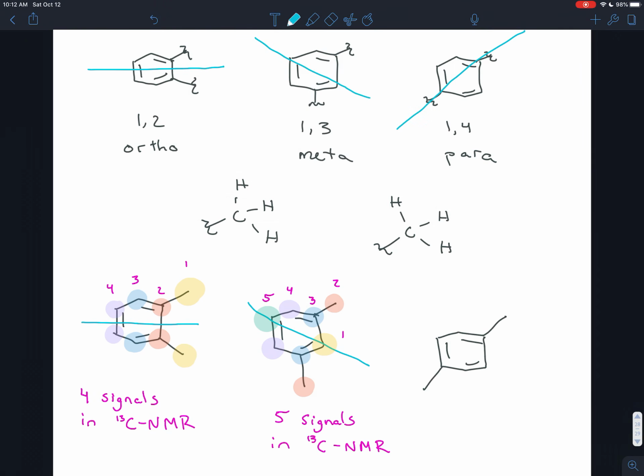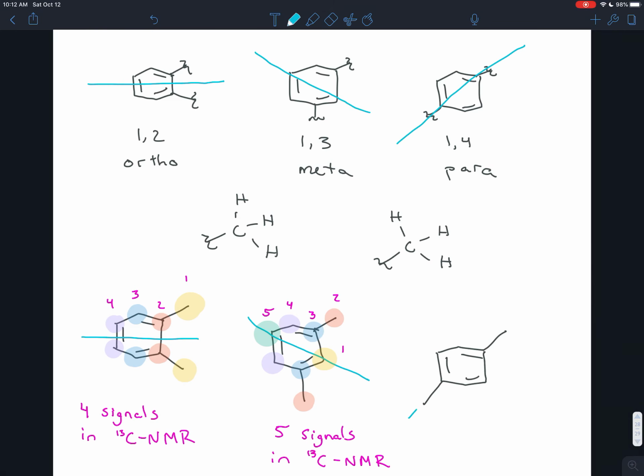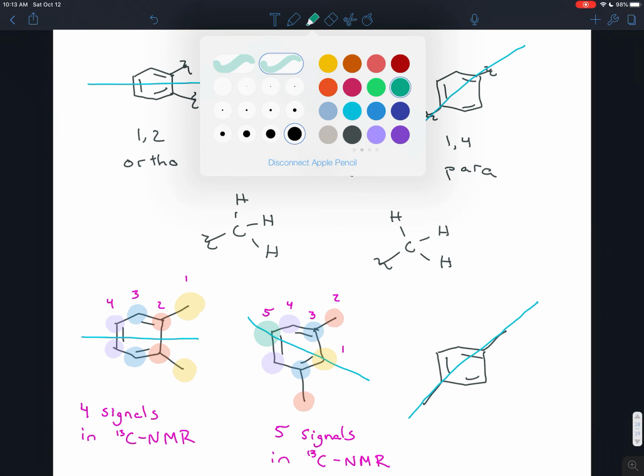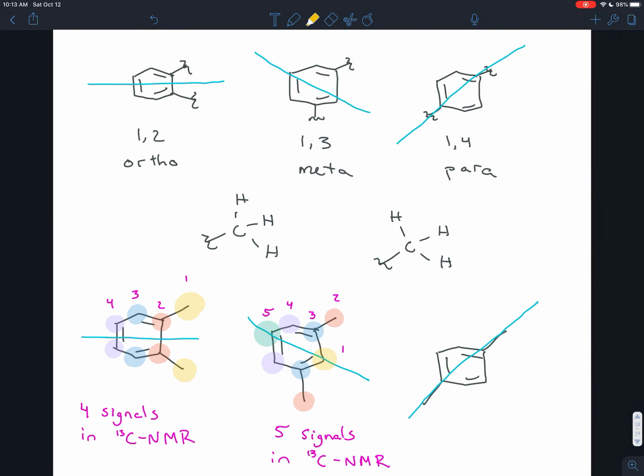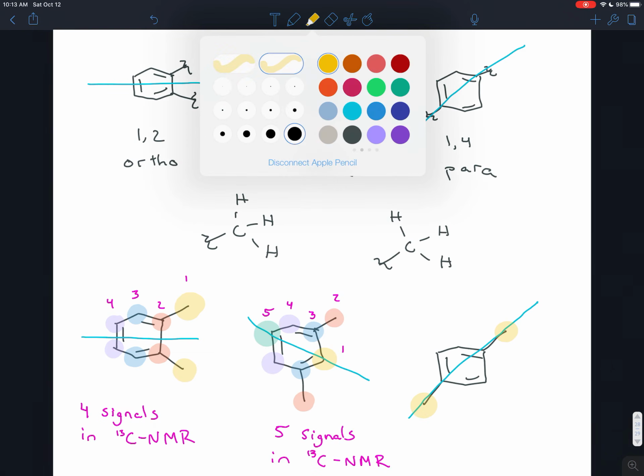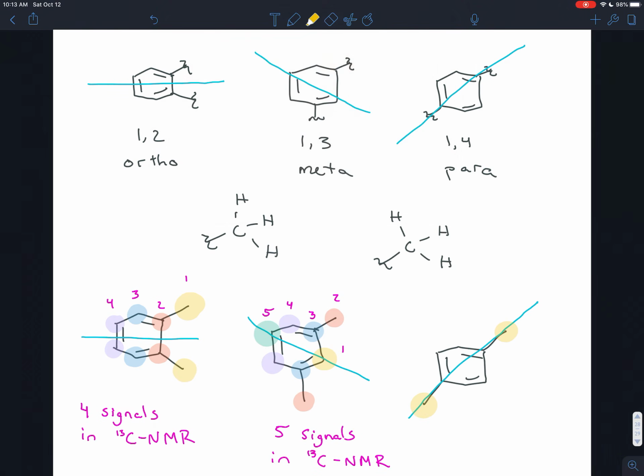Okay, let's think about this last one, para-dimethylbenzene. We have our line of symmetry here. In this case, we have the carbons in the methyl groups. So that's 1 electronic environment. Also, let me draw the other line of symmetry here.